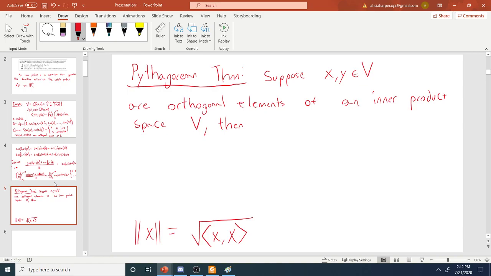So what happens is the norm of x plus y squared is equal to the norm of x squared plus the norm of y squared. And we proved this in the last lecture.